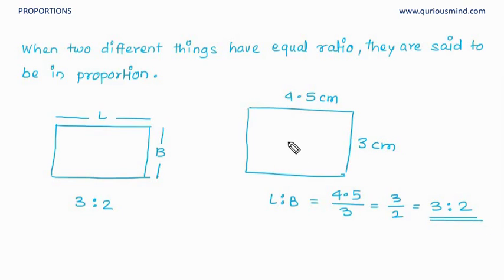So we can say that the dimensions of the postal card are in the same proportion as the dimensions of the Indian flag. So these are said to be in proportion.